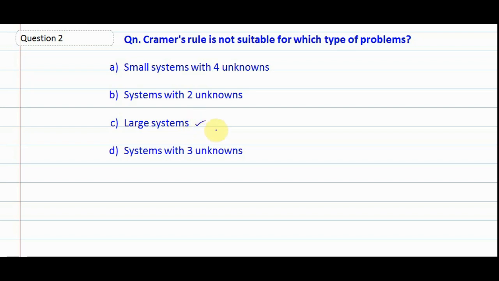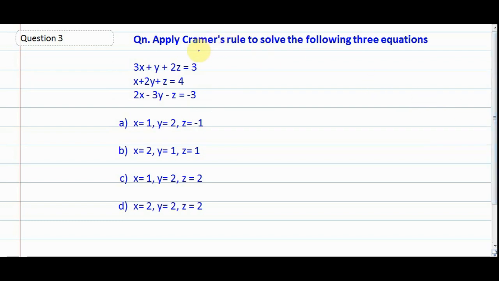Cramer's rule is not suitable for large systems because the calculations become very complex. Therefore Cramer's rule is not preferred in large systems. Okay, now let's move on to question number 3. Apply Cramer's rule to solve the following 3 equations. We have 3 equations here.